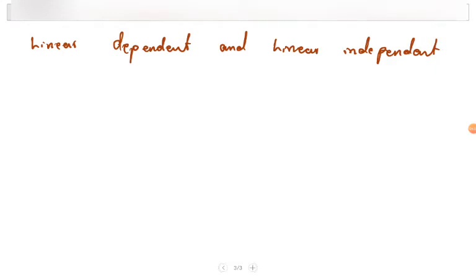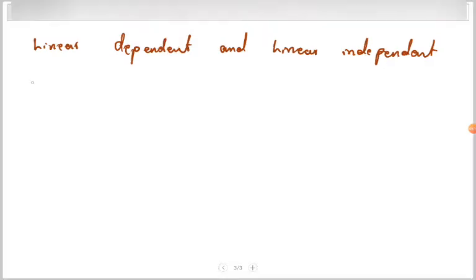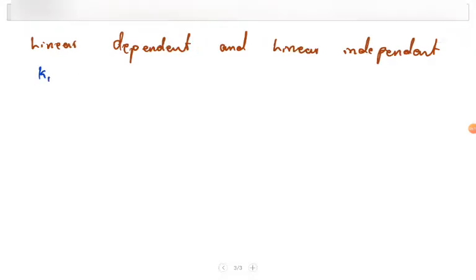So now we're going to define that. Remember, we said that k1 v1 plus k2 v2 plus up to kn vn must be 0.